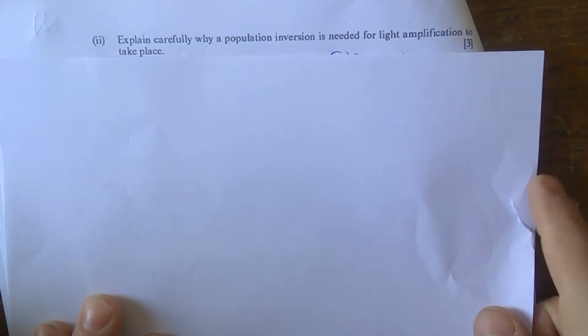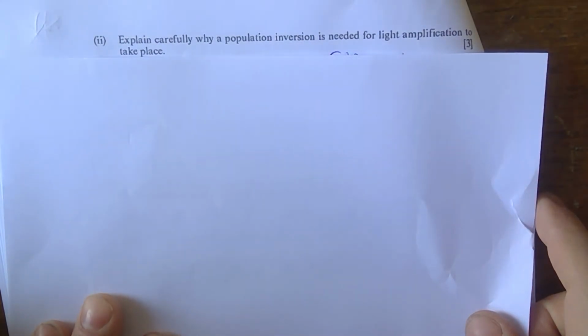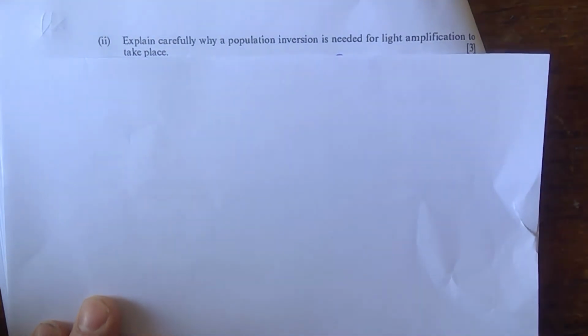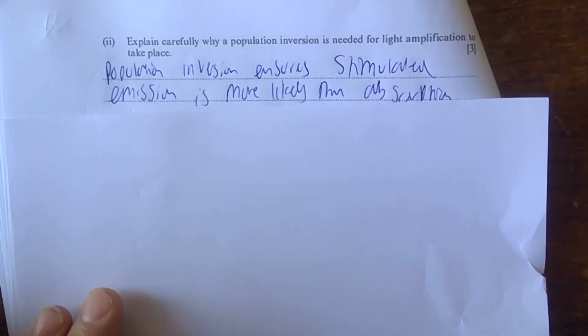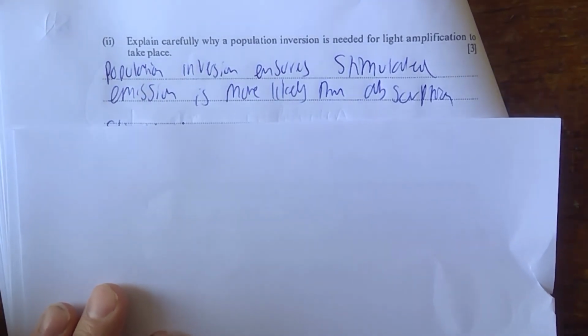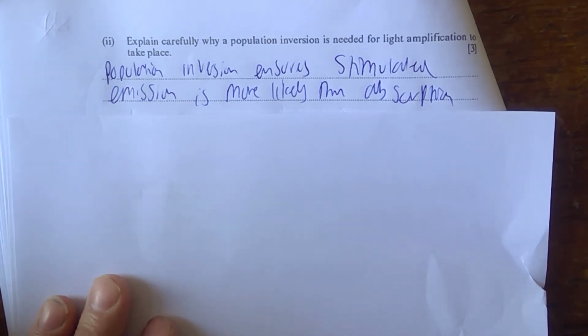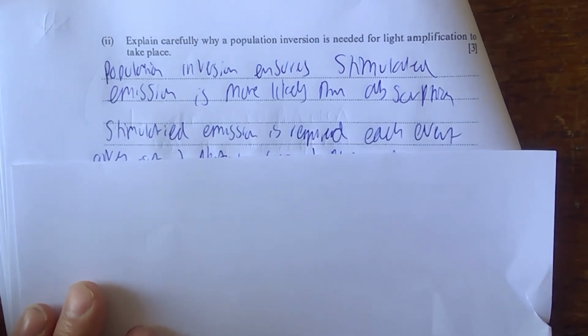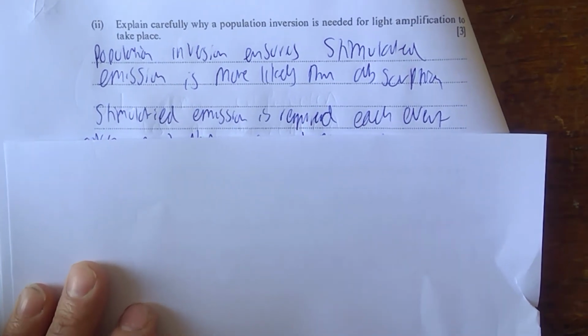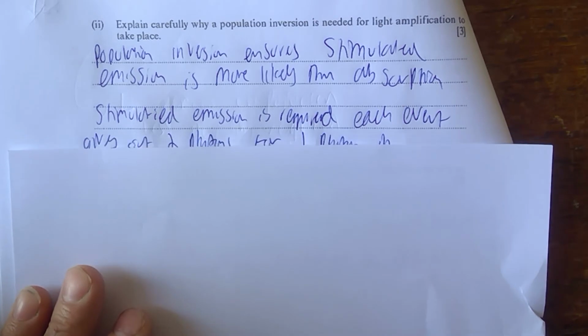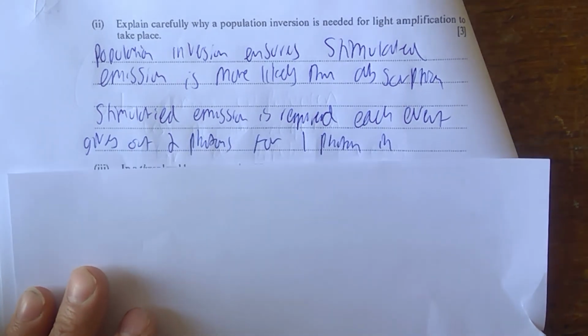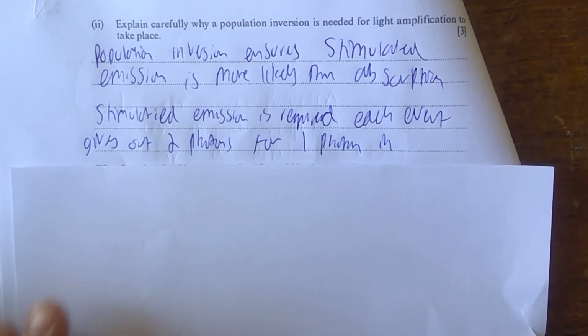Explain carefully why population inversion is needed for light amplification to take place. A population inversion ensures that stimulated emission is more likely than absorption. Stimulated emission is required, and that's because each event gives out 2 photons for 1 photon in.